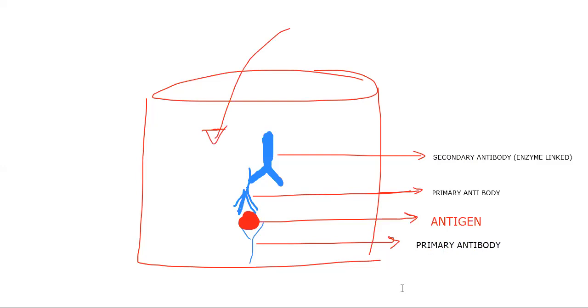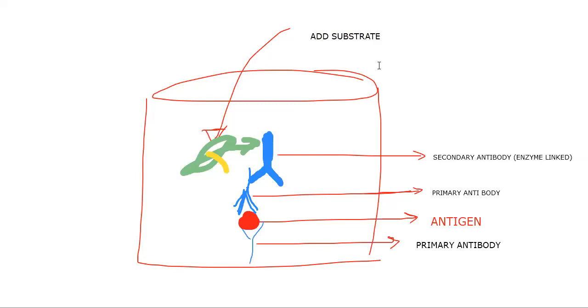Now add substrate. The substrate can bind with this enzyme. When we add substrate which can bind with the enzyme on the secondary antibody, it makes a change in the color.